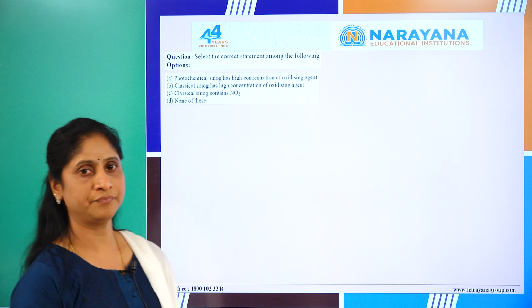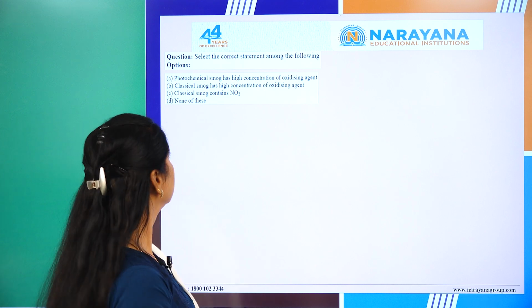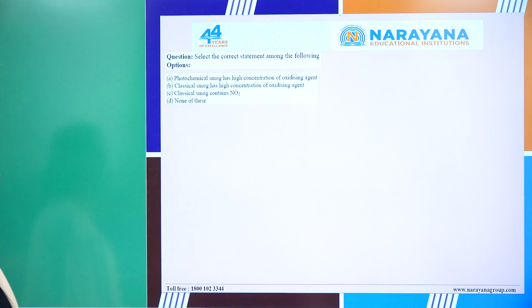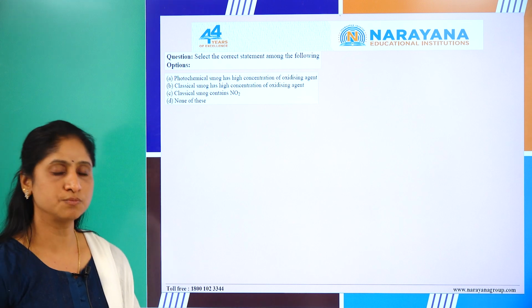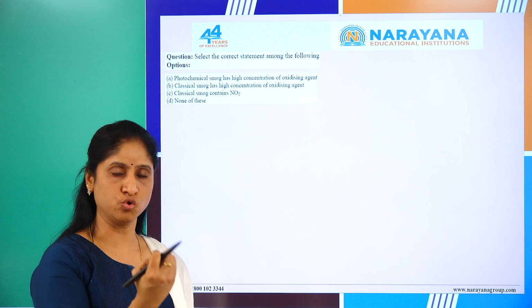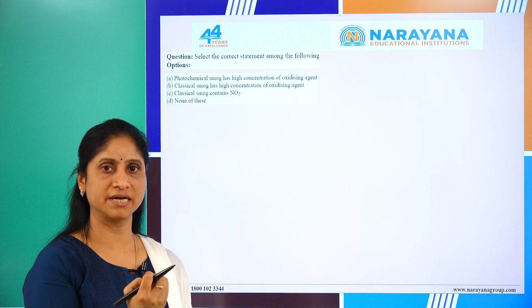So this is from environmental chemistry. They are asking you to select the correct statements. Photochemical smog has high concentration of oxidizing agent. Classical smog has high concentration of oxidizing agent. As per NCERT, smog is given as two types, reducing smog and oxidizing smog.